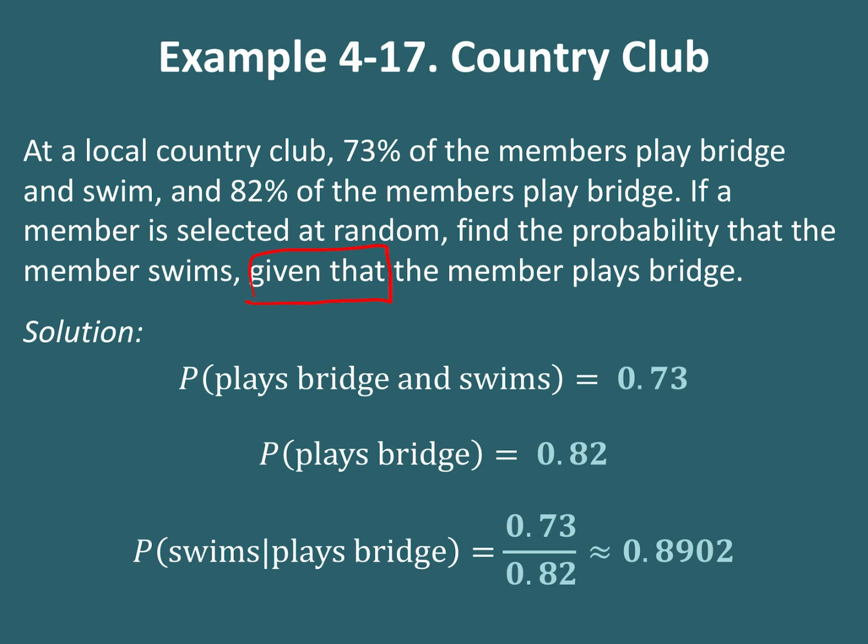In other words, what's the probability that the member we chose swims, given that we know the person plays bridge? Once again, you take the probability of them doing both divided by the probability of them just doing bridge. Here we get 0.8902.